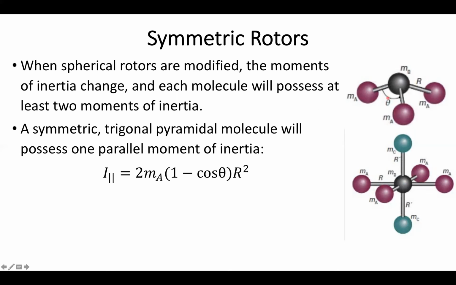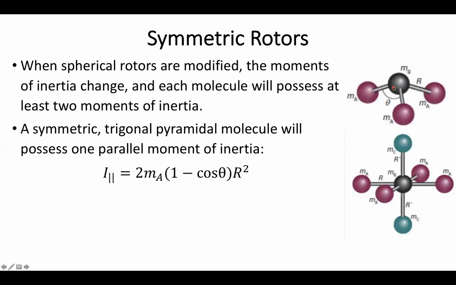So if I have, say, this trigonal pyramidal system, its parallel moment of inertia, which is the moment of inertia that is by itself, so the one that stands out, in this case, the one that goes along the z direction, can essentially be given, again, by the mass and the bond length, and then we have to account for the angle.